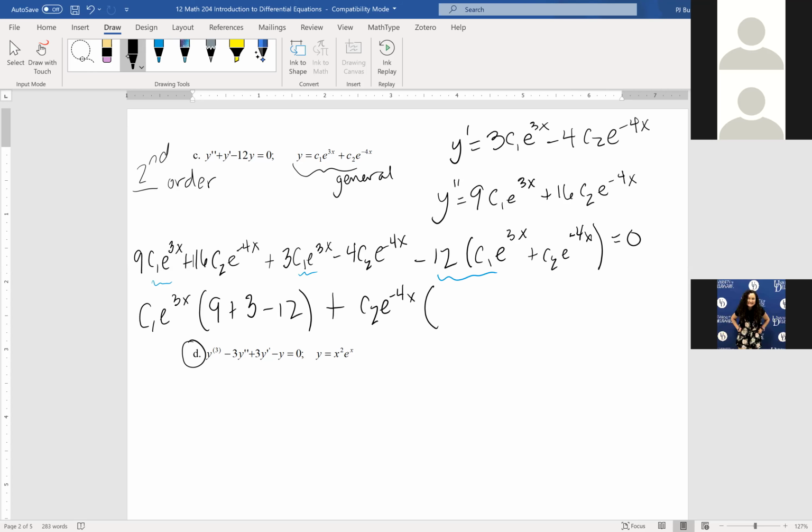And it's multiplied by 16 minus 4 minus 12. So both of those coefficients, 9 plus 3 minus 12, that goes to 0. And 16 minus 4 minus 12, also 0.